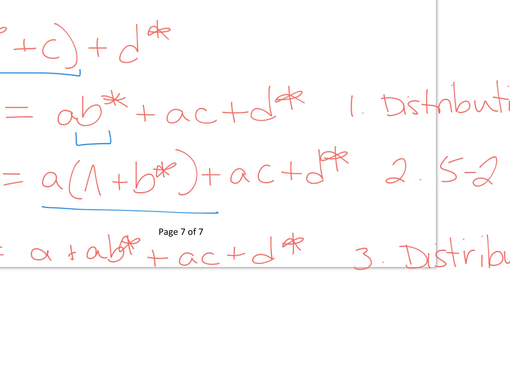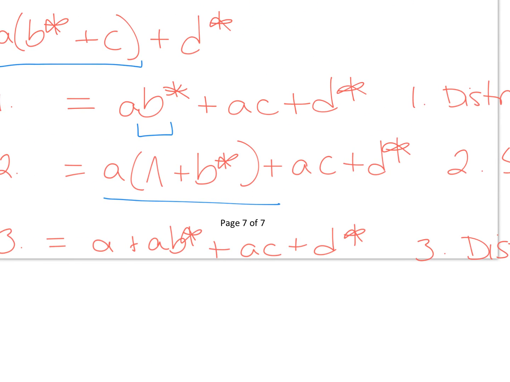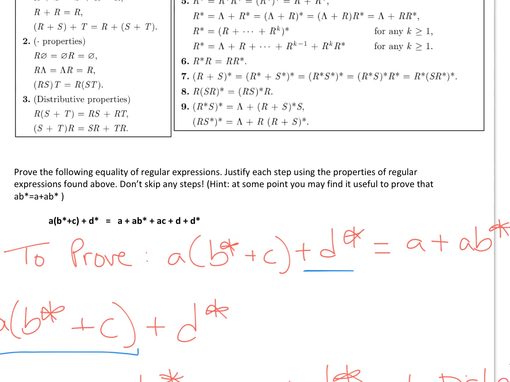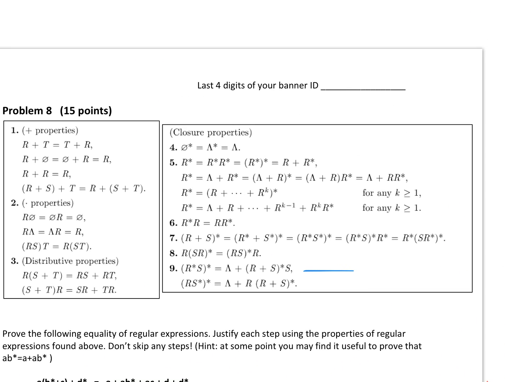So let's go back. So we need to change this D star into a D plus D star, and if we look up at our reasons, it turns out we can see that in here 5-1, R star equals R plus R star, so D star will equal D plus D star.